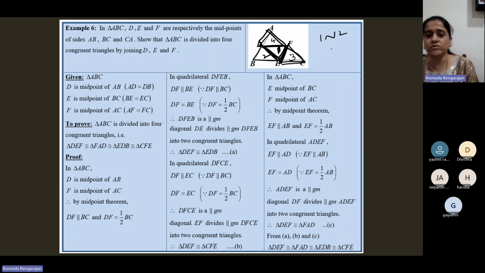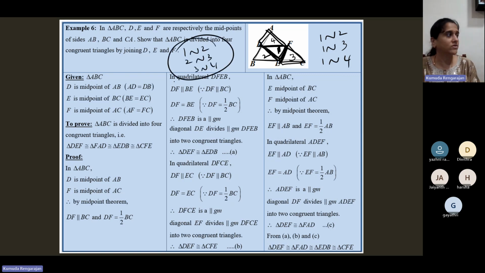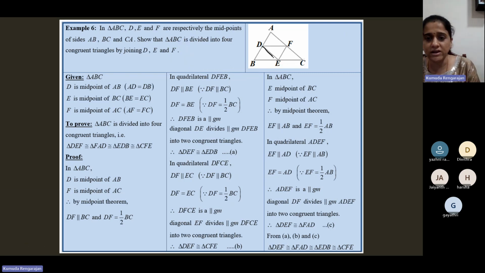Here it is 1 congruent to 2, 1 congruent to 3, 1 congruent to 4. In some cases, it will be as I just explained, 1 congruent to 2, 2 congruent to 3, and 3 congruent to 4. This way also, all the 4 are congruent to each other. But here, since there's a common triangle, this triangle is common to all the parallelograms.